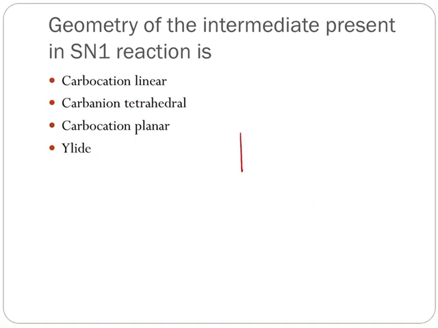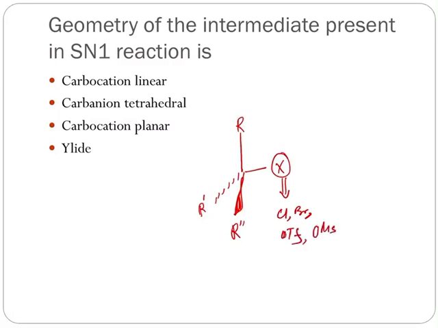First, if this is a tertiary halide compound or different types of pseudo halide compound. This X may be chlorine, bromine, or triflate, mesylate. So this X is a good leaving group.